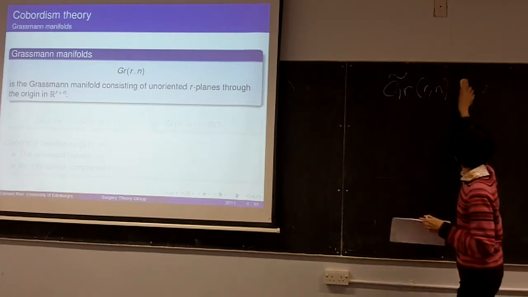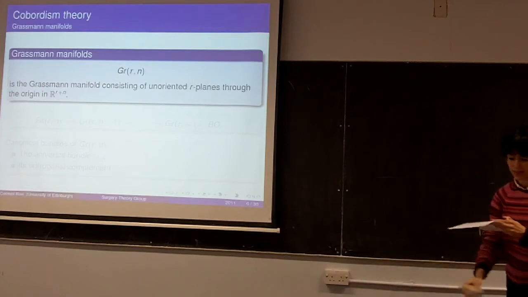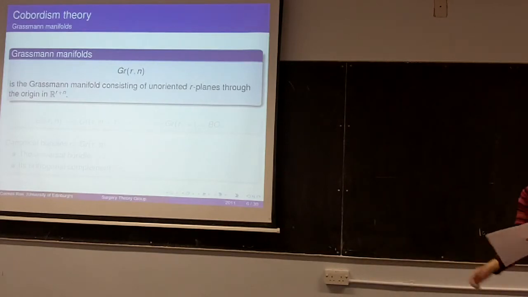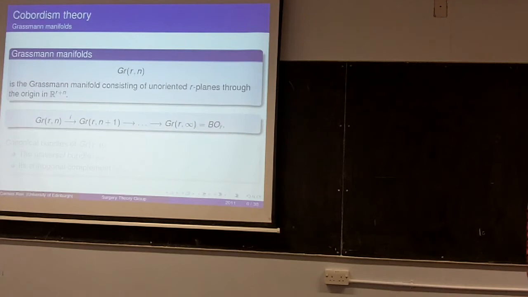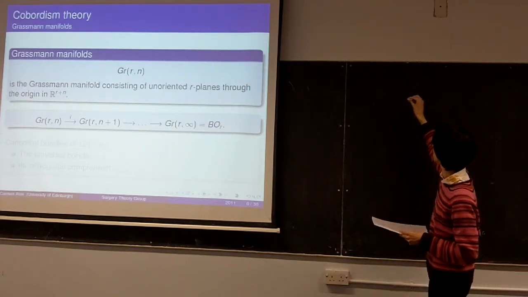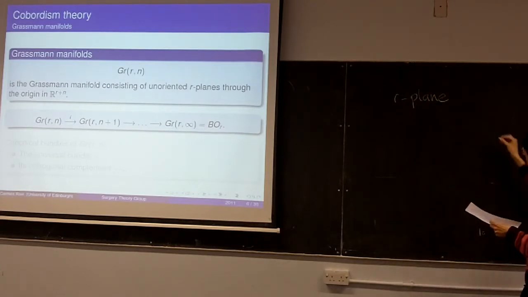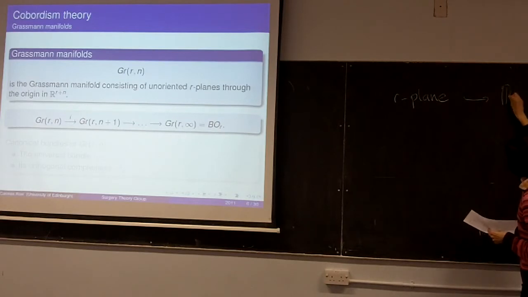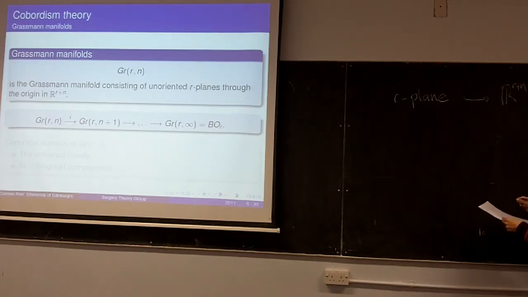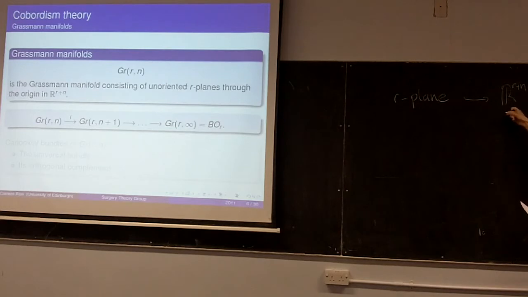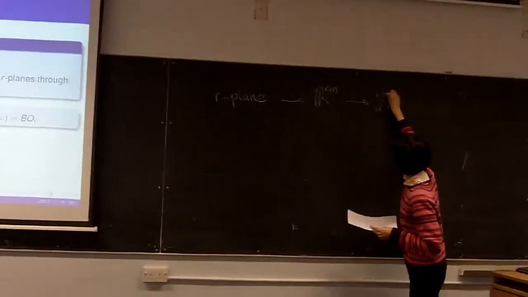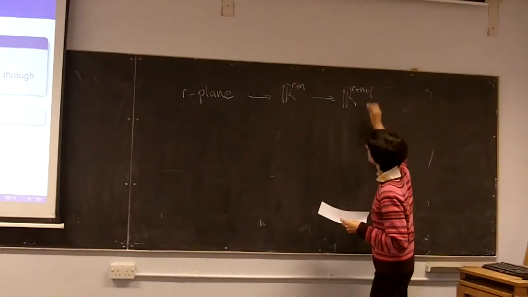The interesting thing is that the Grassmann manifolds induce some inclusions that you have here on the slide. And why is that? Because any R-plane can be included in R of dimension R plus n, but just as we included it there, we can also include it into one more dimension.